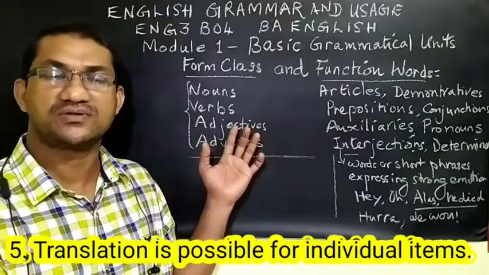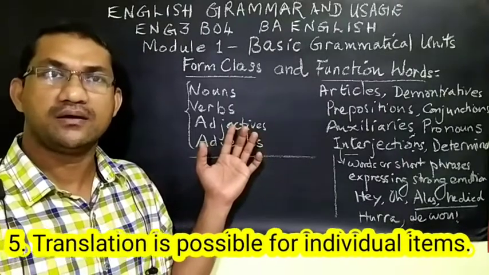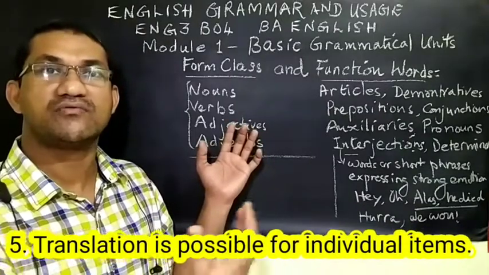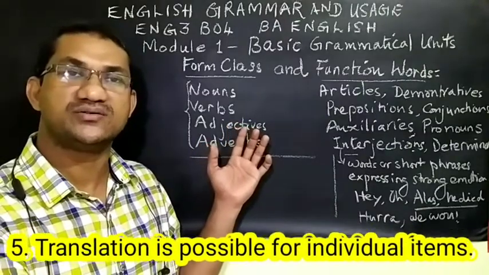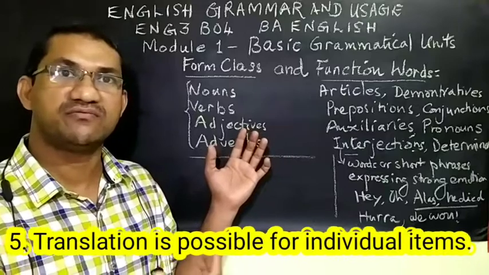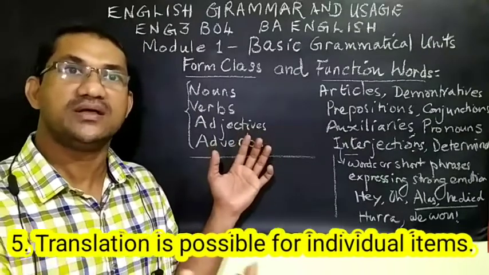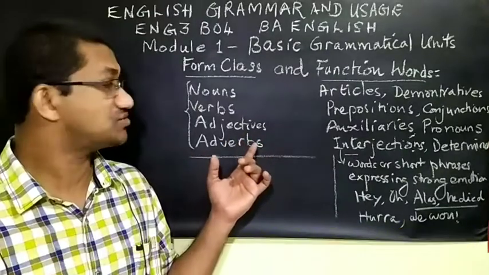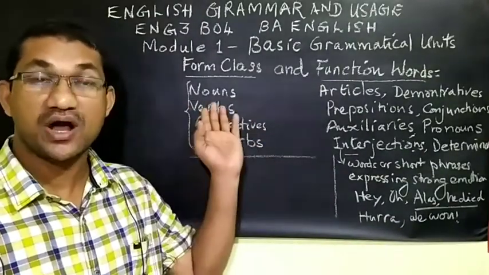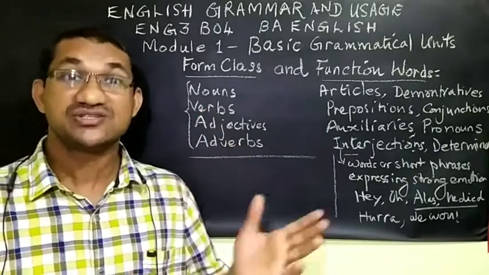Similarly, we have another word for man in Hindi, in Japanese. So translation is possible for the form classes, no matter whether it is a noun, verb, adjective, or adverb.